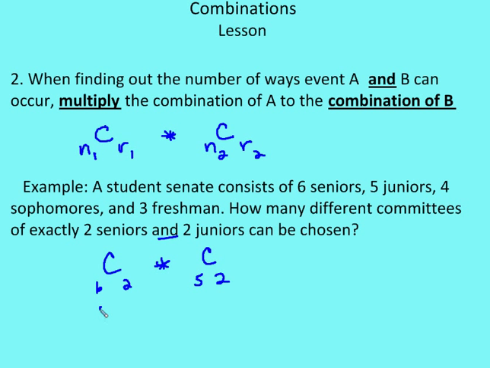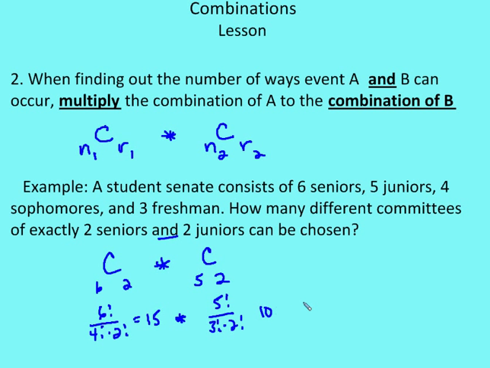So in the first combination, I have 6 factorial over 4 factorial times 2 factorial. And that gives me 6 times 5, which is 30, divided by 2, which is equal to 15. And I'm going to multiply that by 5 factorial over 5 minus 2 factorial, which is 3 factorial, times 2 factorial, which gives me 5 times 4, which is 20, divided by 2, which is 10.